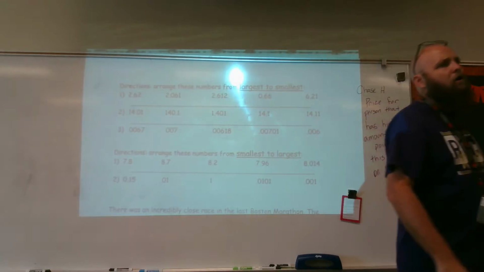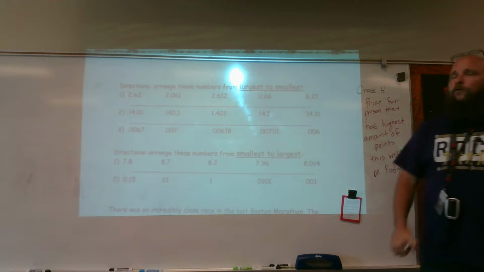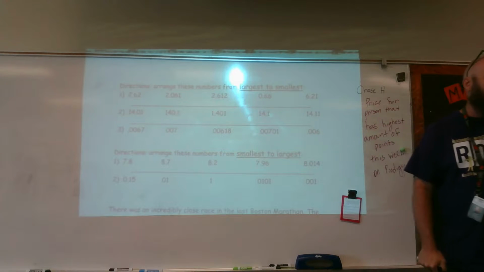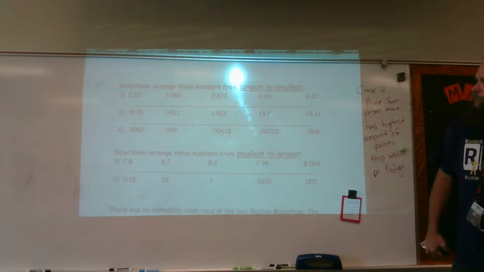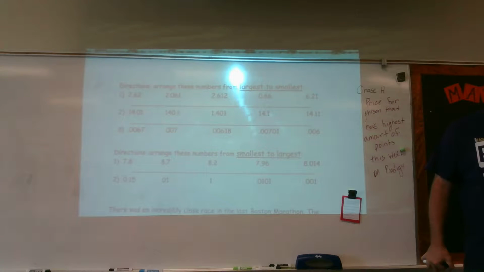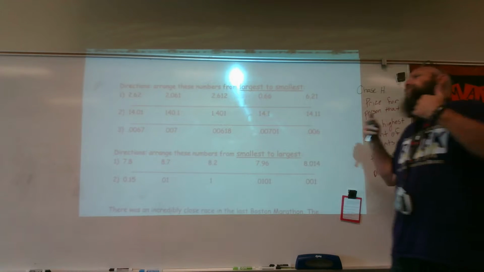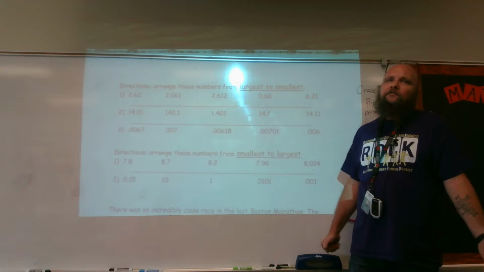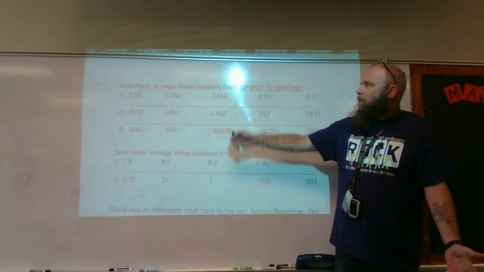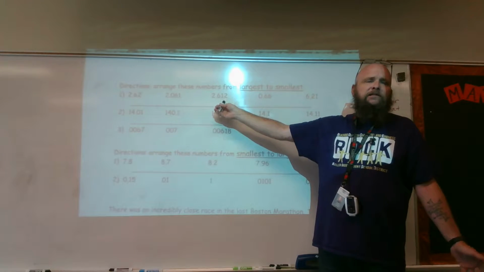All right, some of you are struggling with comparing decimals and ordering decimals. You've done it in the past, but the only thing different that we're going to add here in grade 5 is going out to the thousandths place.